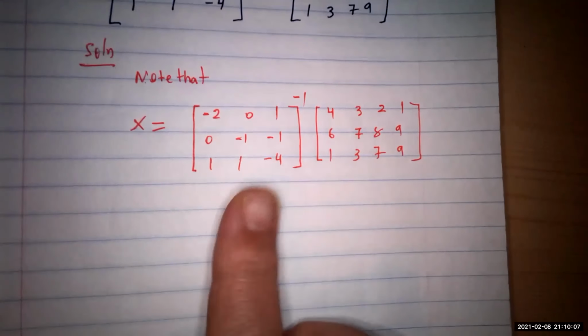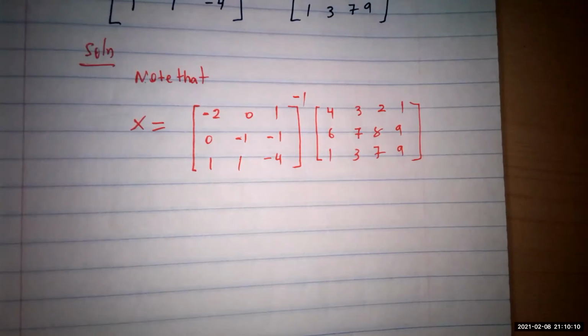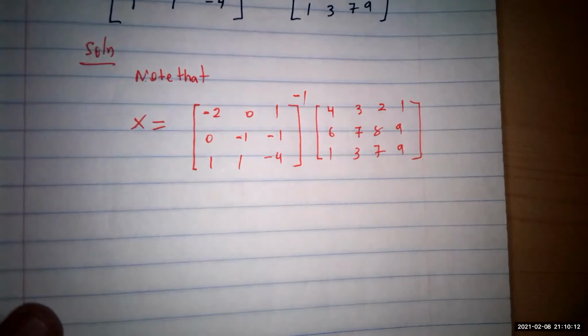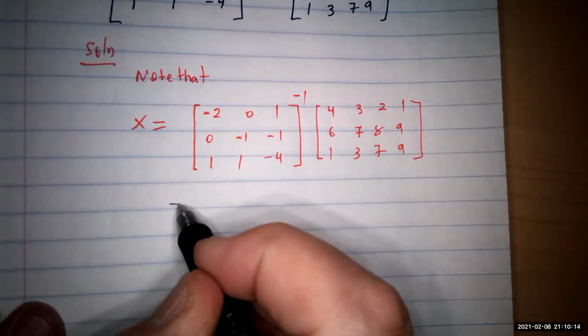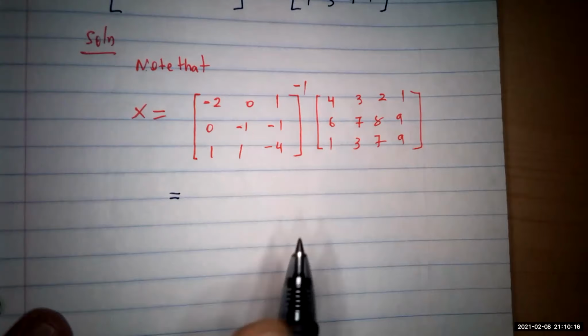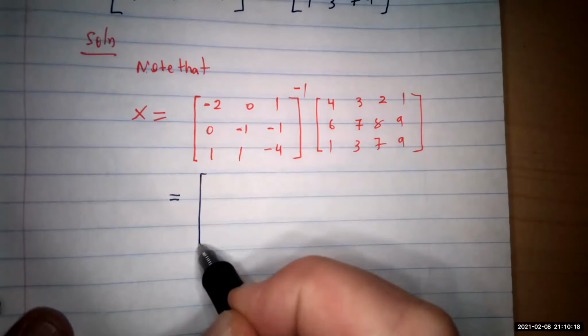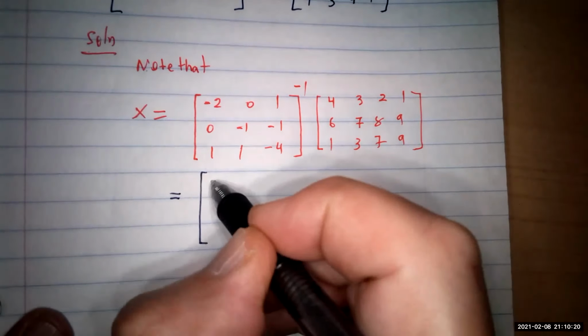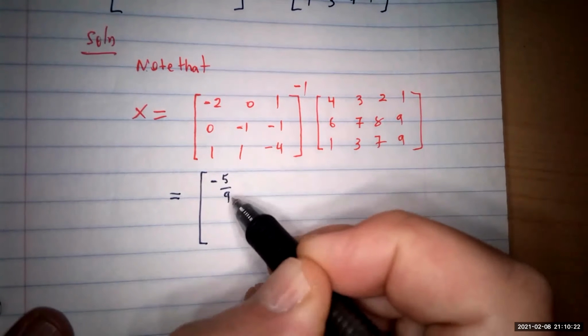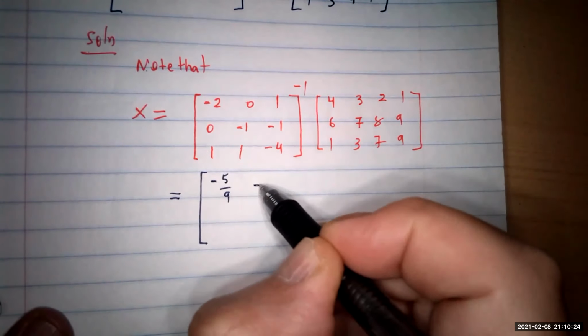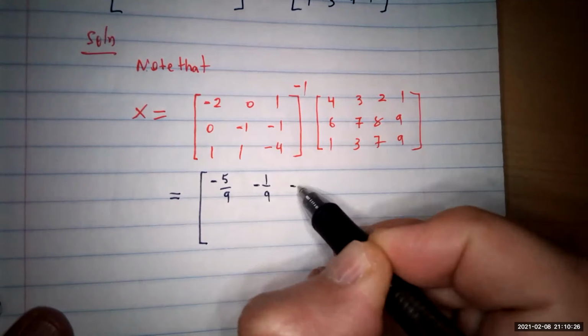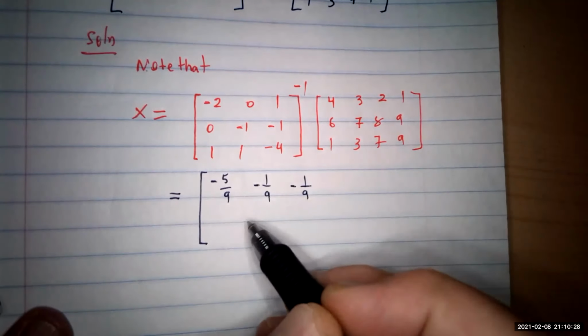Of course, you have to find the inverse of this matrix. I give you the inverse, you can check it for yourself. If you find the inverse of this matrix, it's a 3 by 3 matrix. The first row is -5/9, -1/9, -1/9.